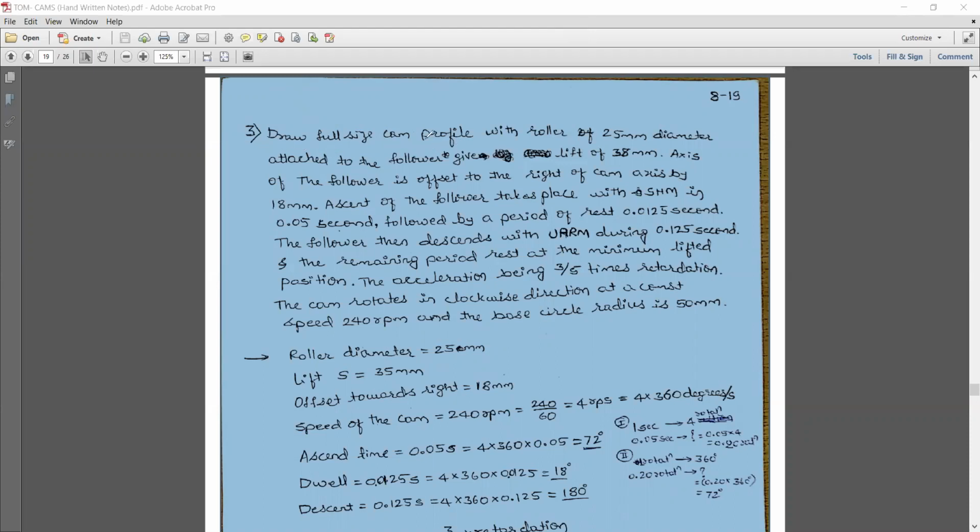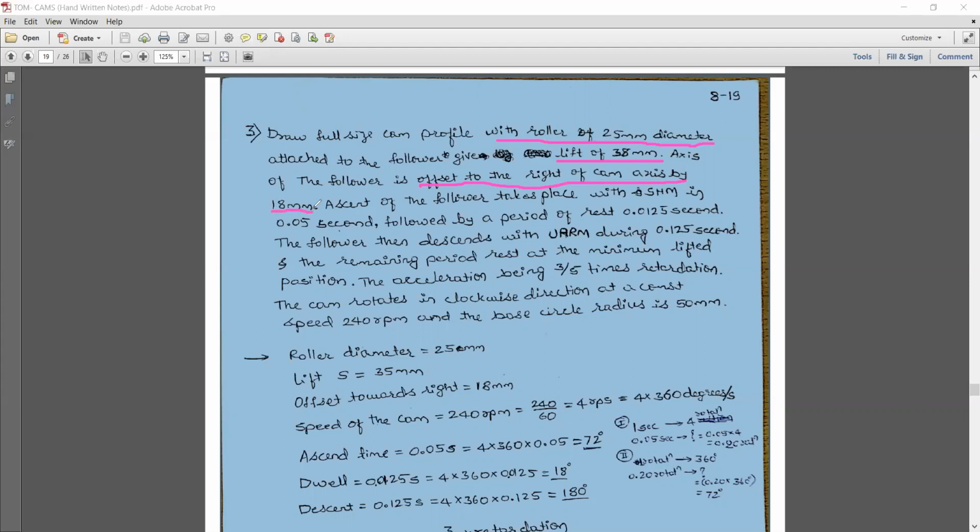Draw the full size cam profile with a roller of 25 mm diameter attached to the follower to give a lift of 38 mm. Lift of 38 mm means what? Total height. The axis of the follower is offset to the right of the cam axis by 18 mm.